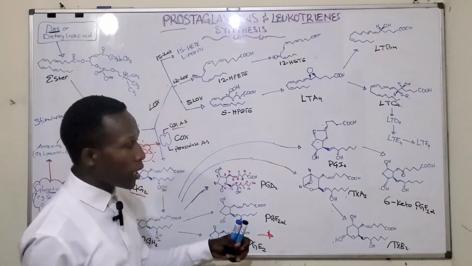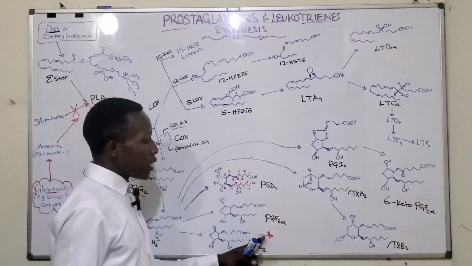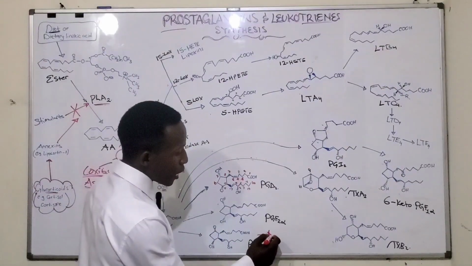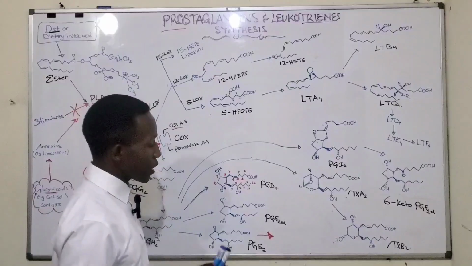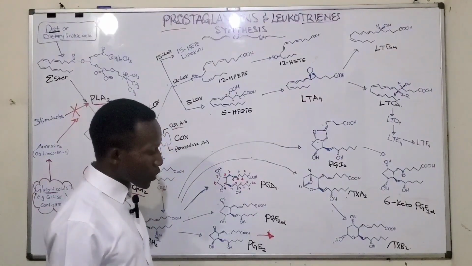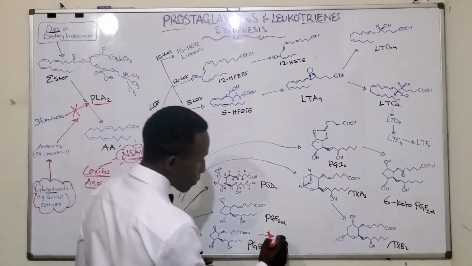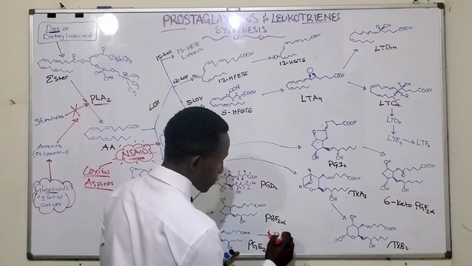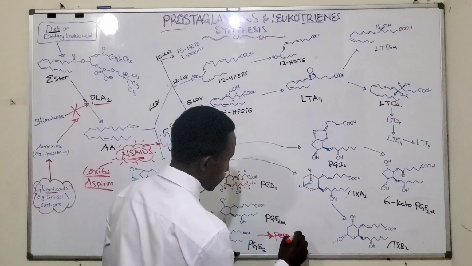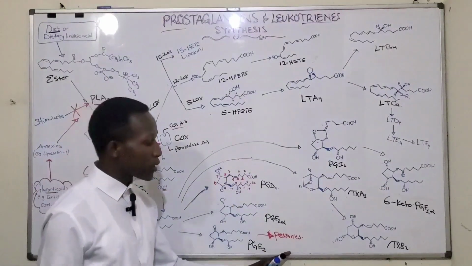It can be produced in the mucosa of the GIT. Its production in the endometrium leads to contraction of the uterus, and can also lead to cervical ripening. So prostaglandin E2 pessaries can be used for cervical ripening.